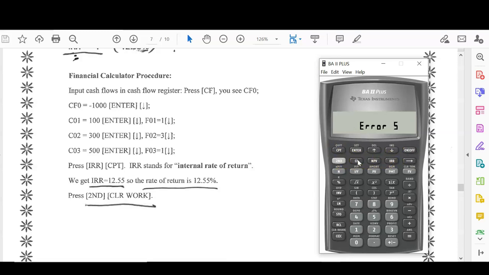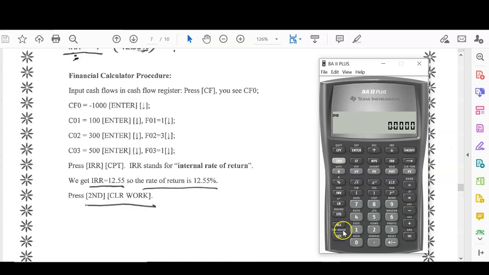There's an error here. It could be that I changed our cash flow 4 to 0 and I have a frequency of 1. So let me change this frequency to 0 as well. So I guess the best way for me now is to use second clear work.